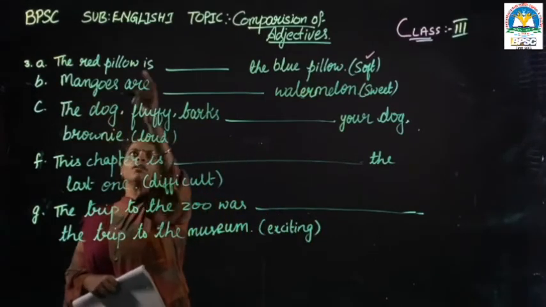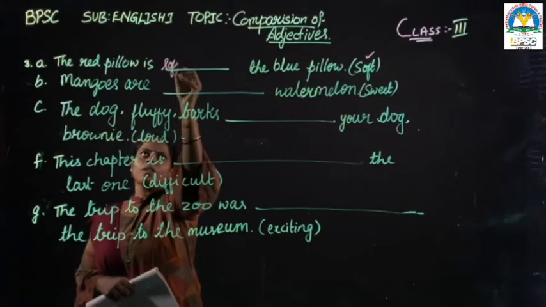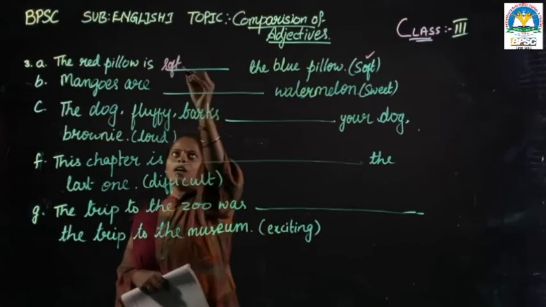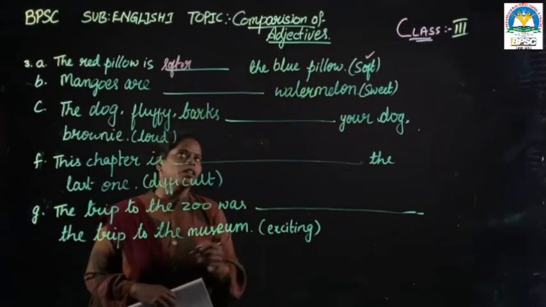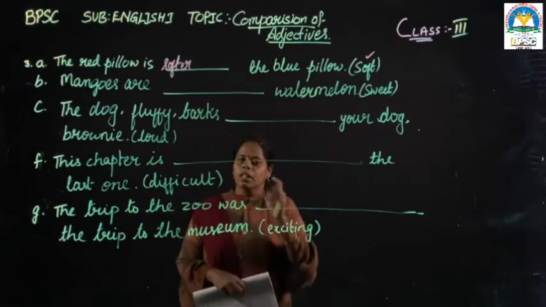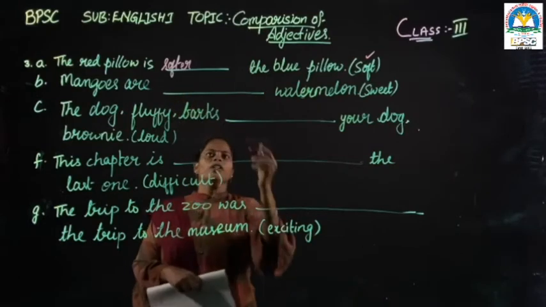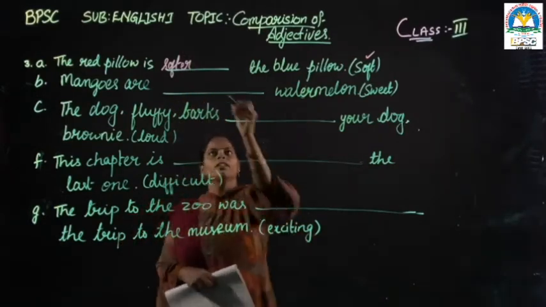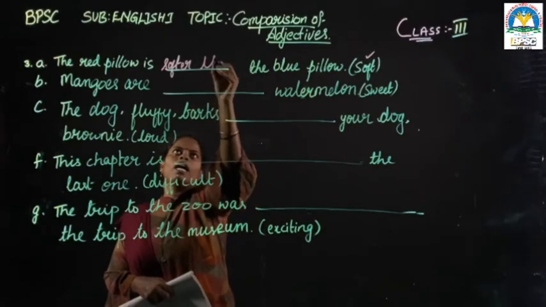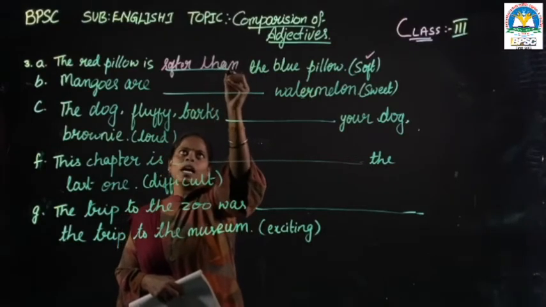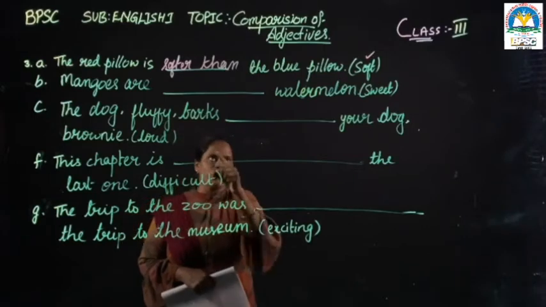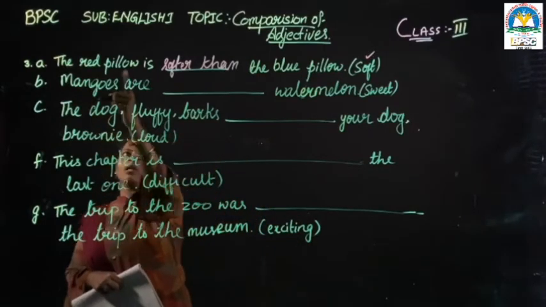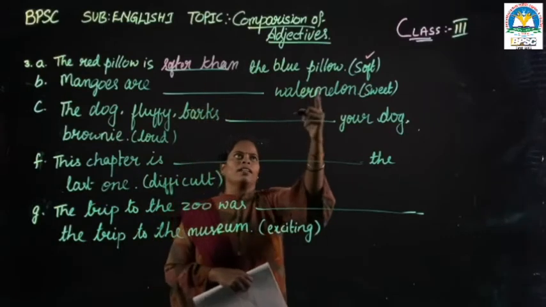The red pillow is soft. You are comparing two, so add er. Softer. Softer the blue pillow, that is wrong. When you use comparative adjectives, you have to use than. The red pillow is softer than the blue pillow.